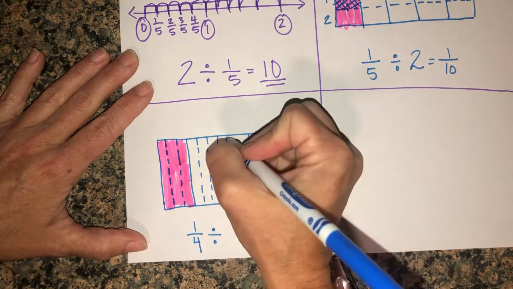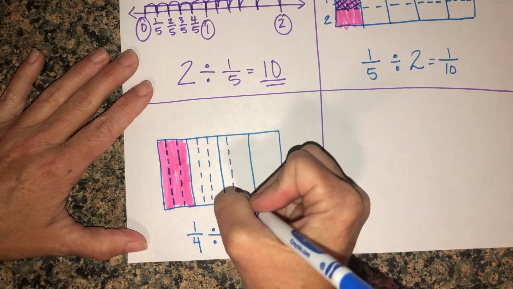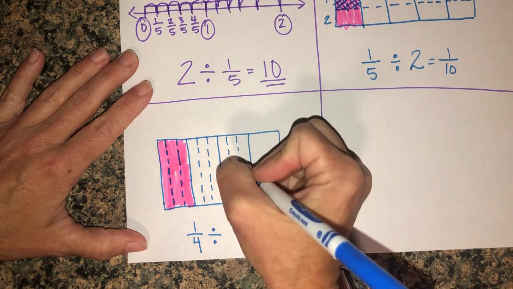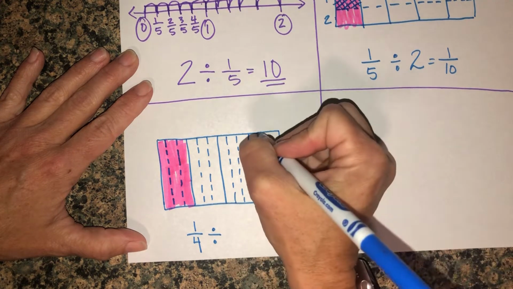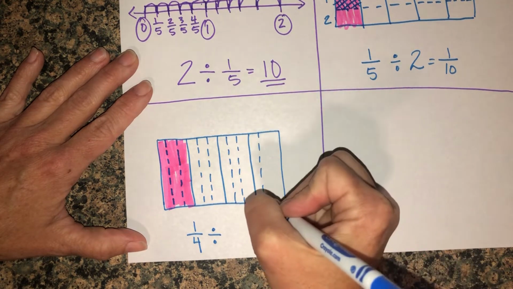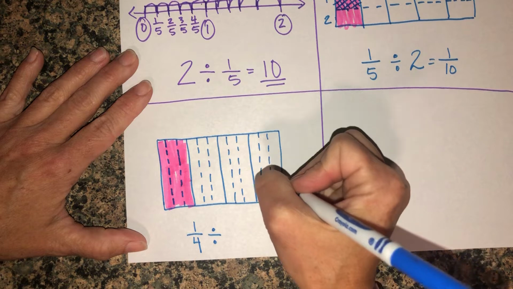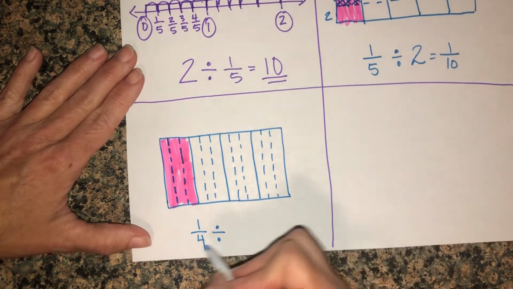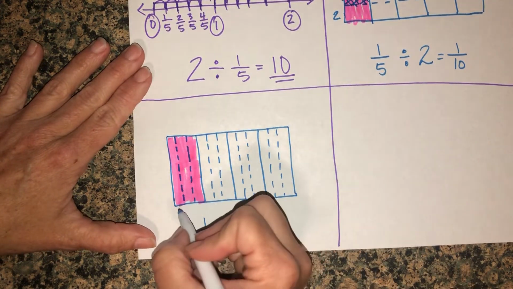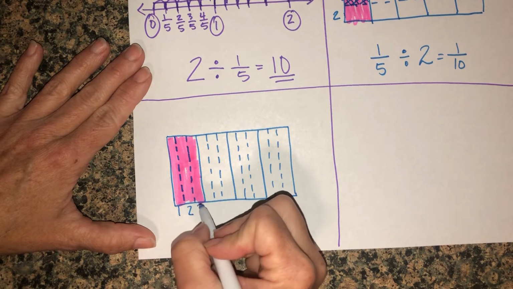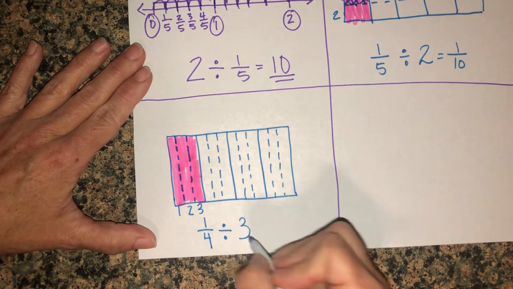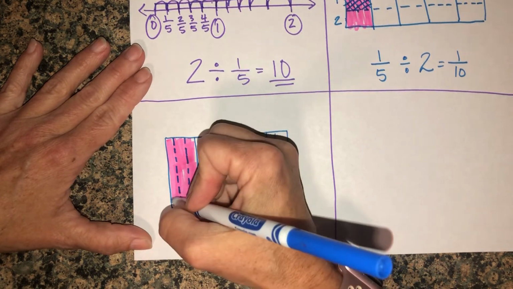Try to do it fast. And the reason you have to go all the way down is so you can see the number of pieces you have after you make your cuts. So this is 1/4 and it's divided into 1, 2, 3 pieces. This is 1/4 divided by 3.